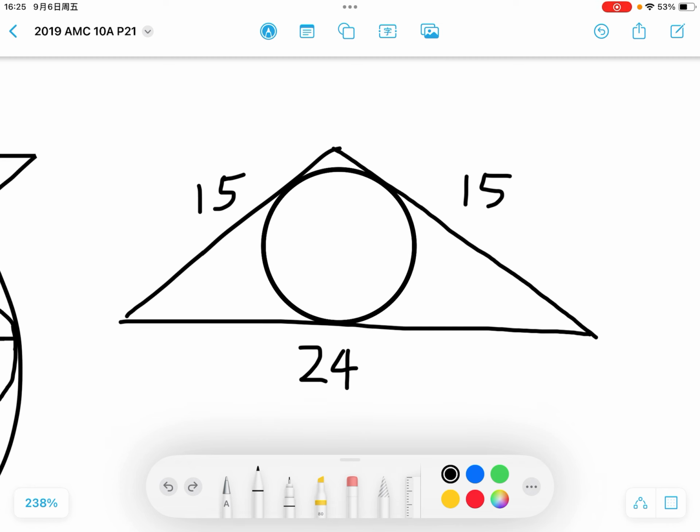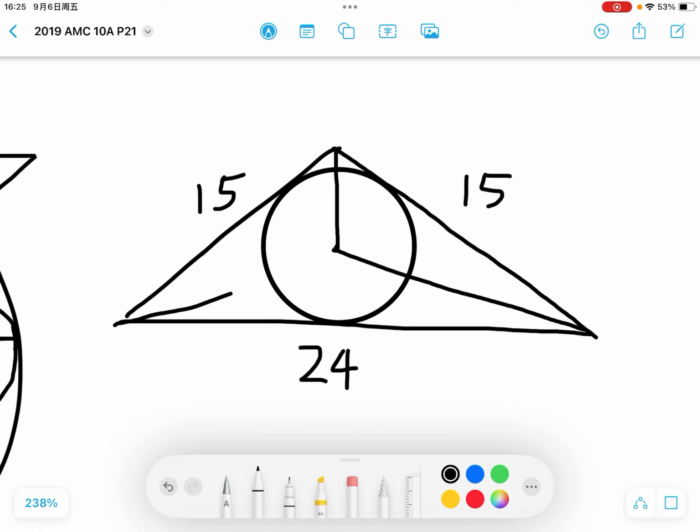So let's do so. I'm going to draw the center of the circle. This circle is inscribed inside the triangle. It's an incircle. What does this mean? Every triangle only has one incircle, and the center of the incircle is where all the angle bisectors of this triangle meet.